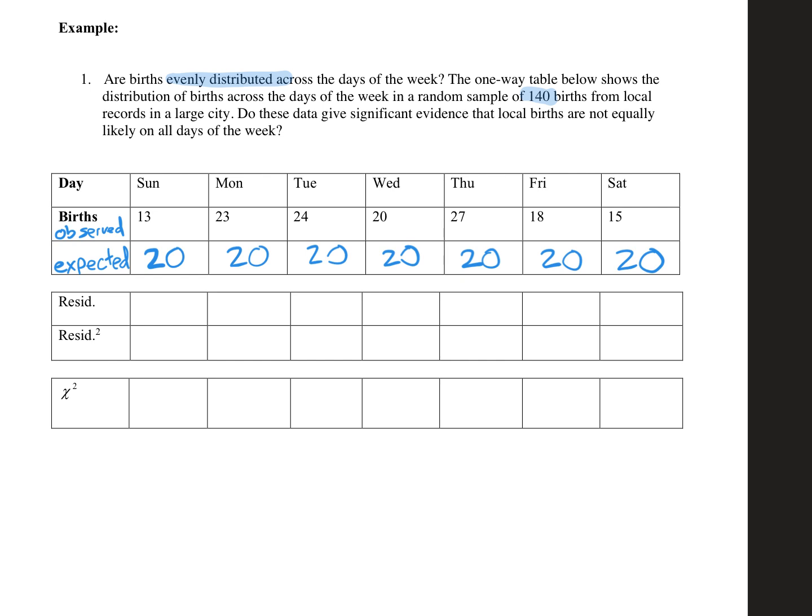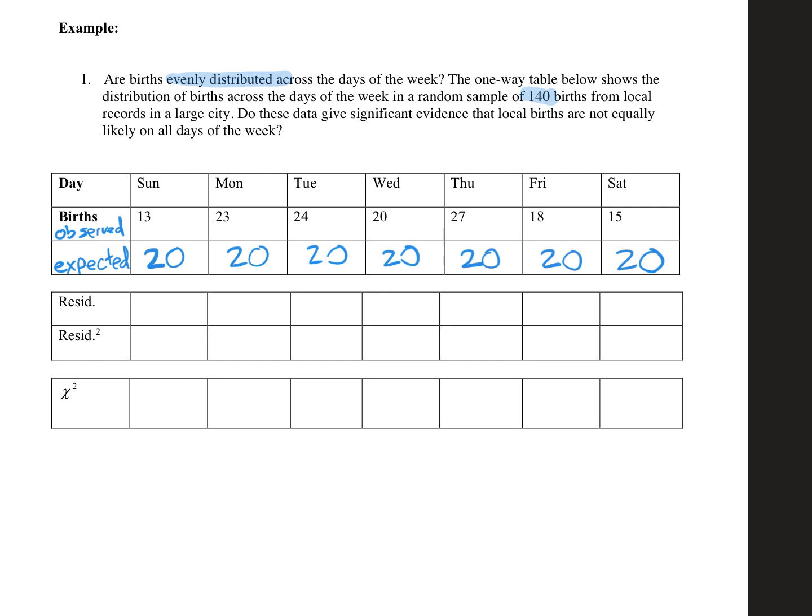So my expected would look something like 14 for Monday through Friday, since that's 10% of 140. And then, well, what's 25% of 140? 35. Then I'd have 35 on Saturday, 35 on Sunday. So again, it's not always going to be the same. It just depends on what's being asked in the problem.